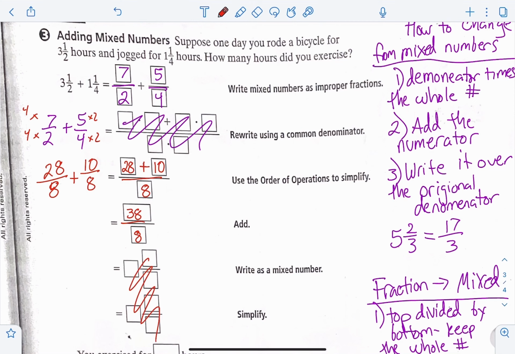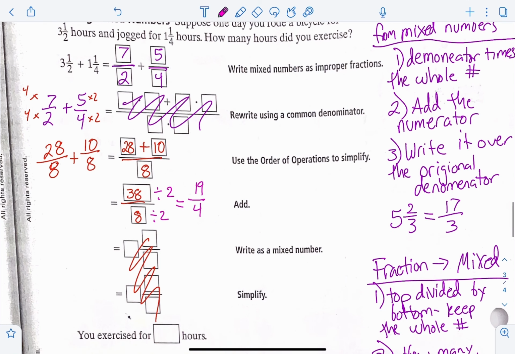We're going to simplify before we write it as a mixed number. So if you divide the top and the bottom by 2, you get 38 divided by 2, which is 19 over 4. Okay, so 4 goes into 19 how many times? Because now we're going to turn this into a mixed number.